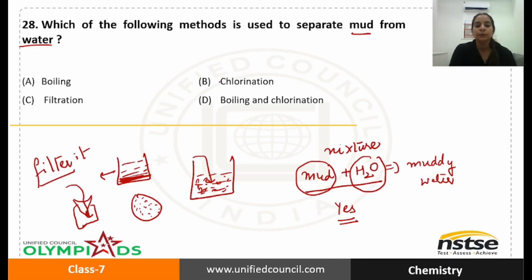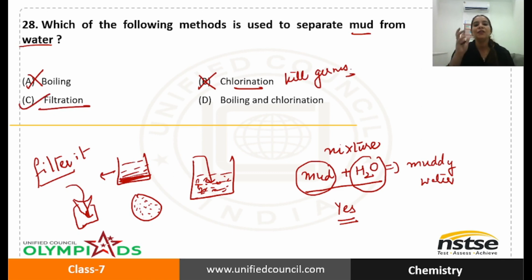Okay, the option says, can be separated by boiling? No, we can't. The reason being, mud doesn't evaporate. Can be separated by chlorination? Chlorination means adding chlorine to water. If you add chlorine to water, it kills germs, but it doesn't separate mud from water. Filtration, yes.